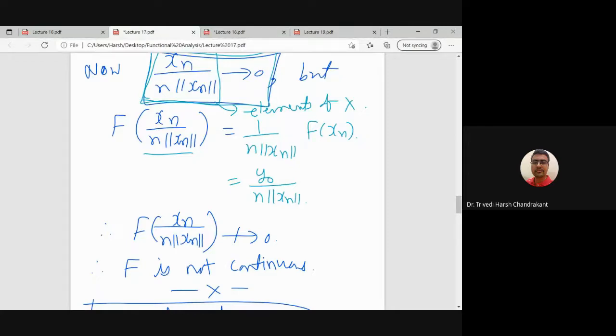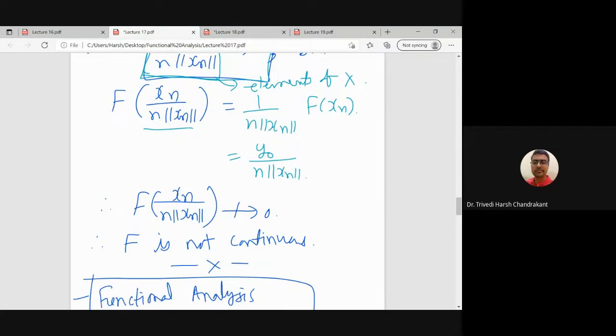So this does not converge to 0. Is it clear why this doesn't converge to 0?